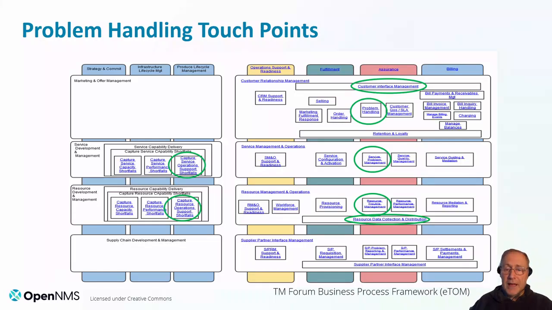So from a problem handling perspective, in other words, fault, we can forward service problem events for managing services. We can provide Grafana reports specifically to customers in order to allow customers to see the state of their segment of the network. And we can provide interfaces to allow customers to get data from your network management system. We can also provide information that might be useful for long-term planning in terms of capturing issues that are going on a repeated basis in your network, around the resources and around the services in your network.